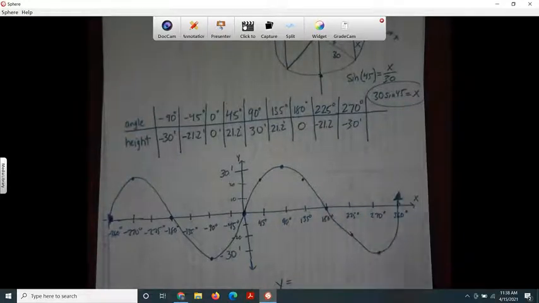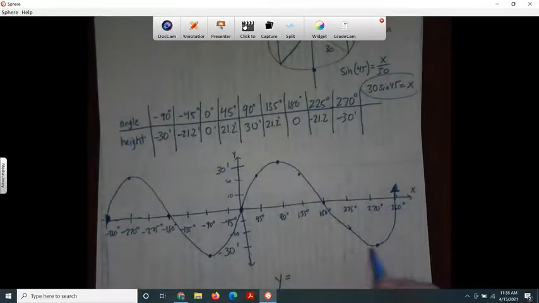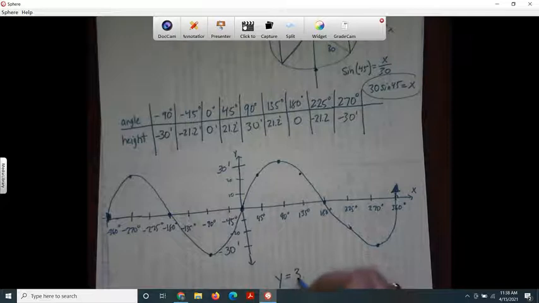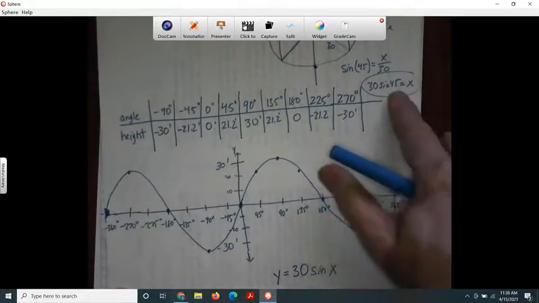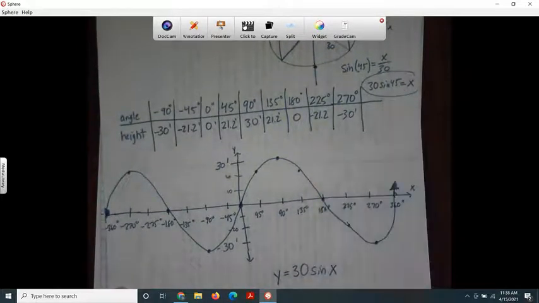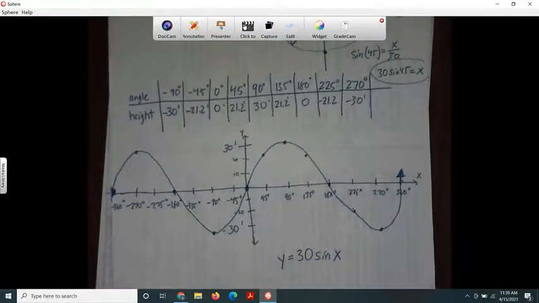You should try some of these values in here. It's going to be 30 times sine of x. And I can plug in whatever I want. Like in this case, I plugged in 45. That's where I got the 21.2. So 30 is the amplitude, sine x. And we know it's a sine graph because it looks like our parent function. And that's it.